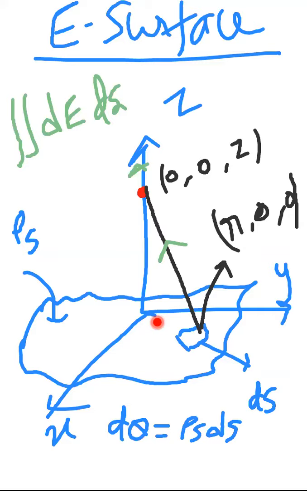If you are in a cylindrical coordinate system, that is r comma theta comma z. Anyway, in the base plane z equals 0.